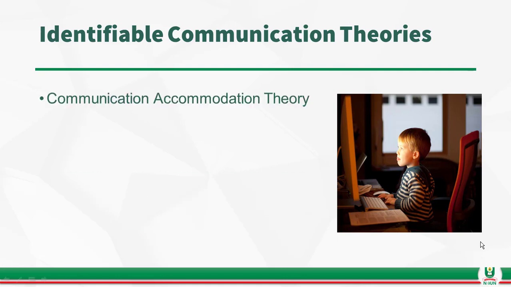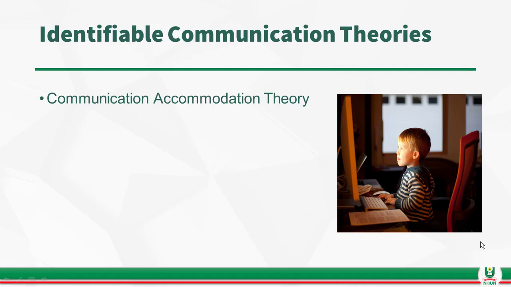Communication accommodation theory argues that during communication, people try to accommodate or adjust their style of speaking to others. This is common with our ladies. However, if they have not adjusted the way of speaking, they may find it difficult to communicate in society.